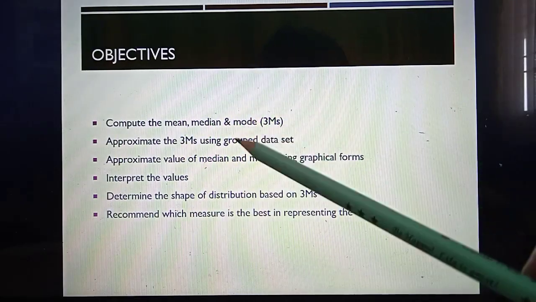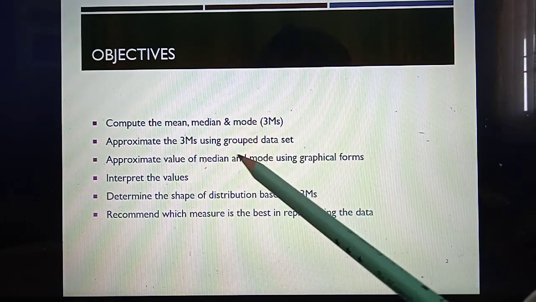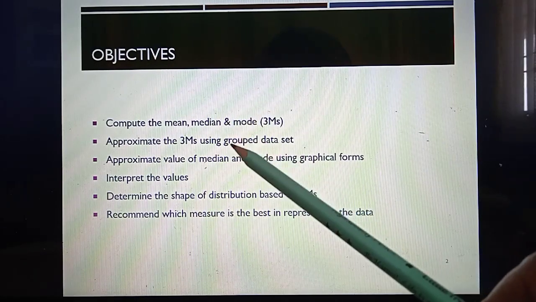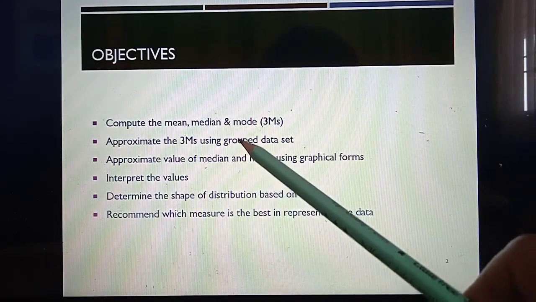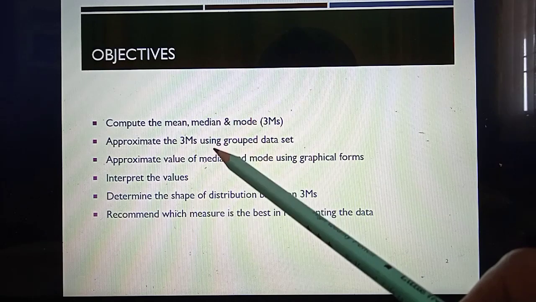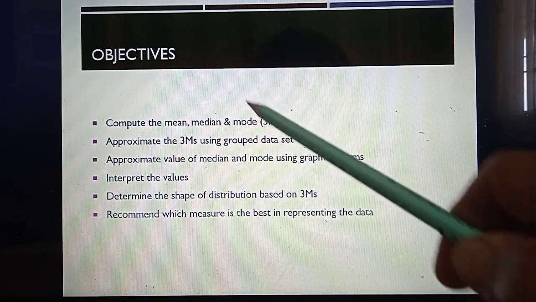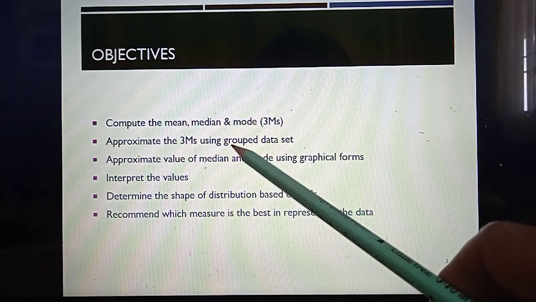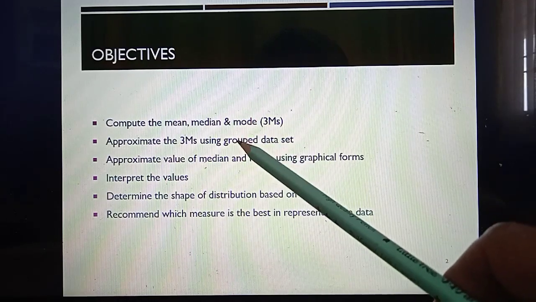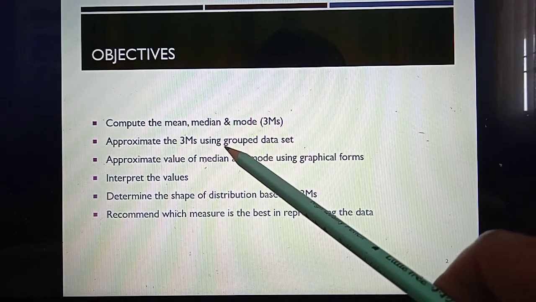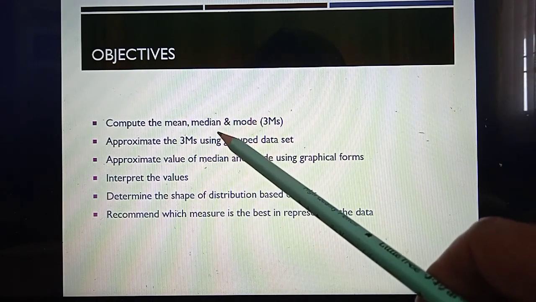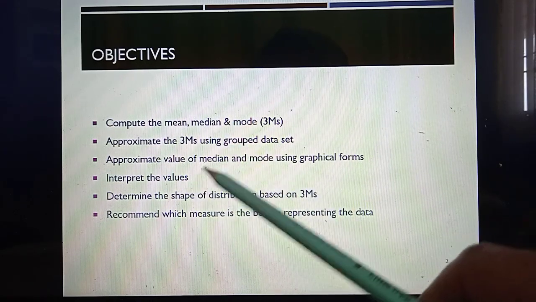Okay, the objectives of these topics is to compute, as I mentioned earlier, the mean, median, and mode, to approximate the 3Ms. When we mention 3Ms in these presentations, it means the three components, which is mean, median, and mode.